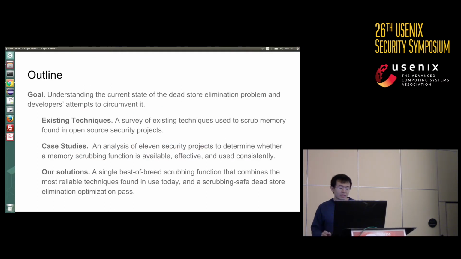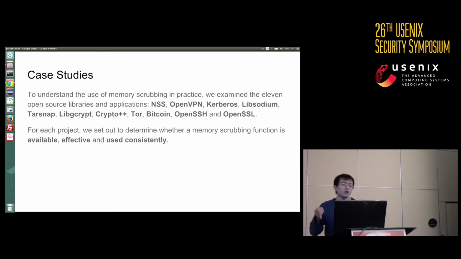Okay, so next I will talk about our case studies. To understand the use of memory scrubbing in practice, we examined 11 open source libraries and applications. For each project, we set out to determine whether a memory scrubbing function is available, effective, and used consistently.